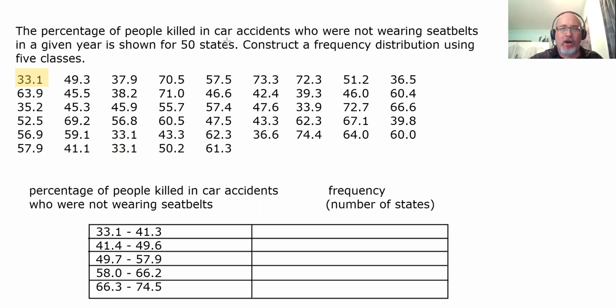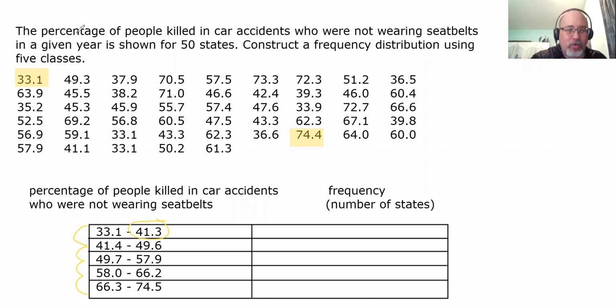And our class width was 8.3, which was obtained by subtracting the lowest from the highest and dividing by 5 and rounding that up to 8.3. That class width was used to add to get from one lower limit to the next.